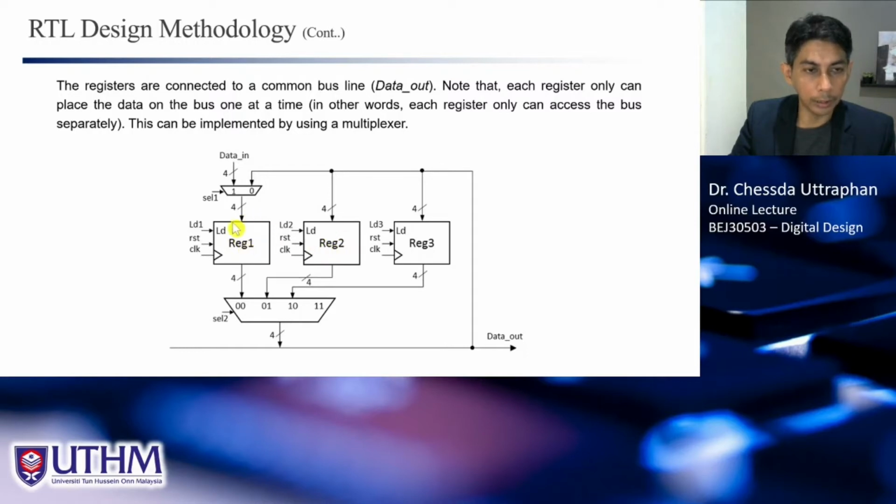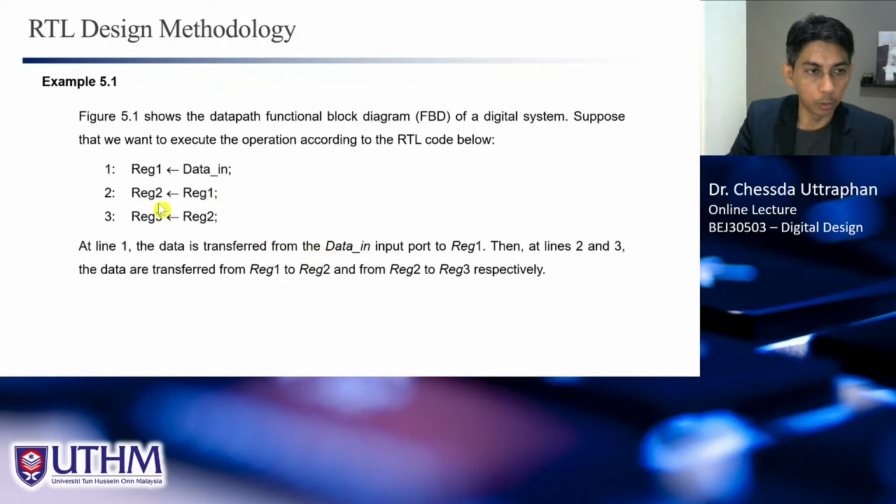But when we look at the circuit, we need to have the data available here and then go through this multiplexer and go to this bus and go to this register through this bus, right? So that is how we do this operation.